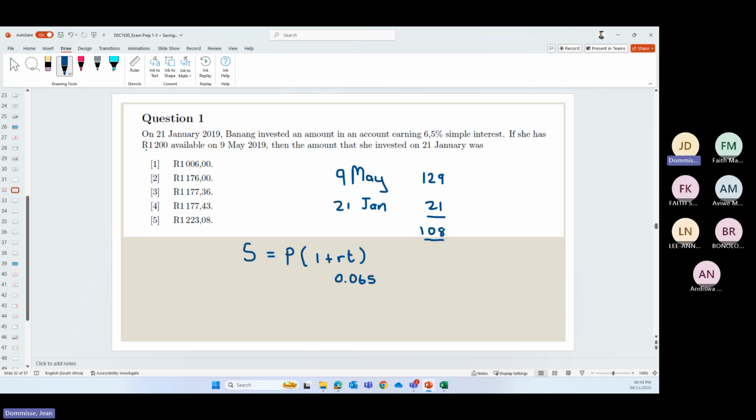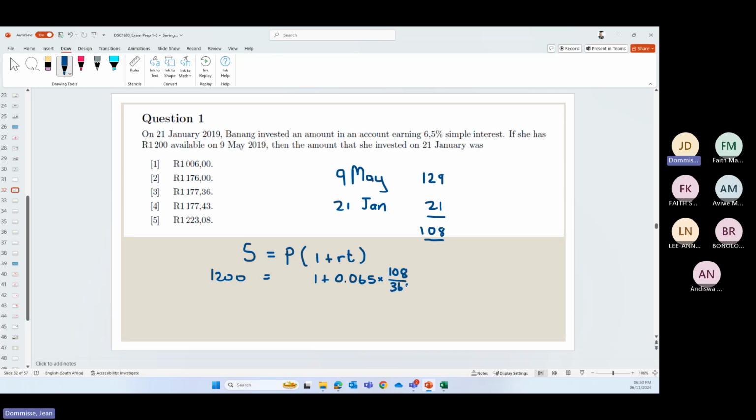If she has 1,200 available on 12 May, so we know what the future value was. So we need to work out basically what is the present value.